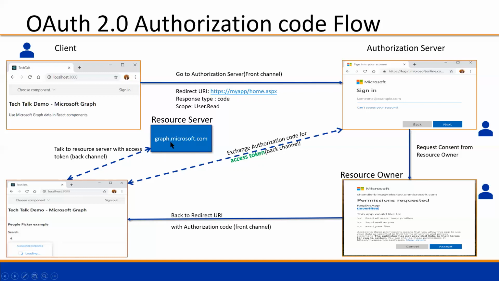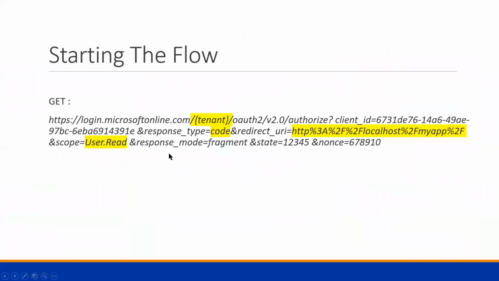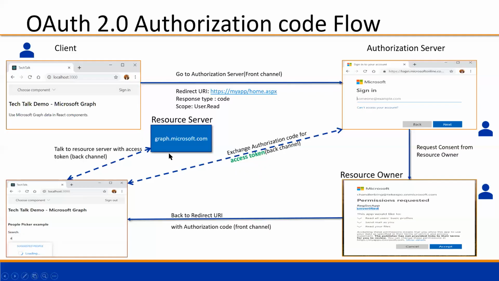So using that API, you can call the resource server, and with this access token, you can get the requested resource. You might ask for permission to send emails, or to request files, or the user's profile, or anything and everything.